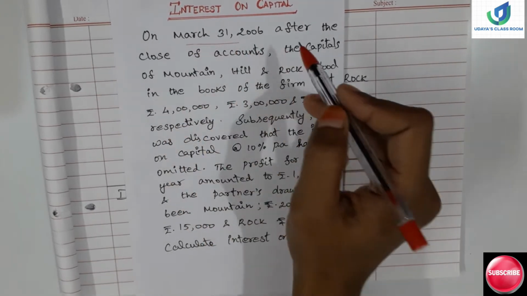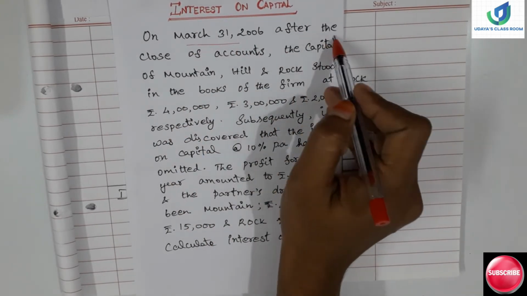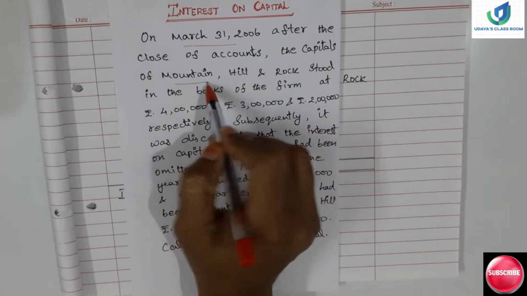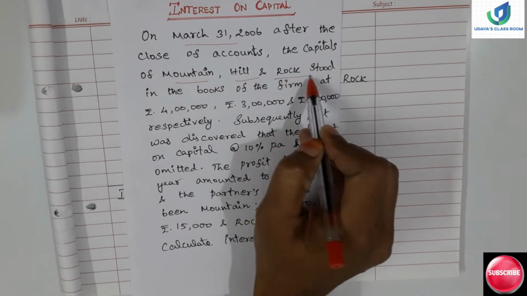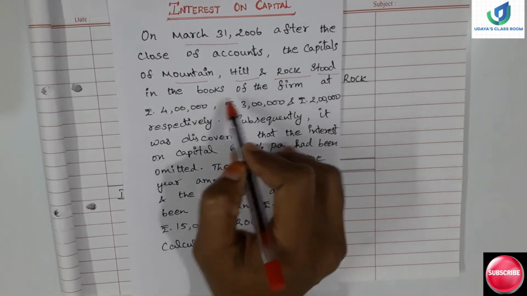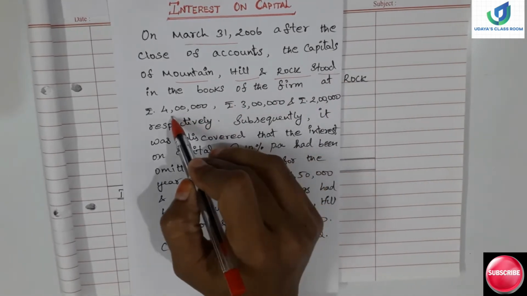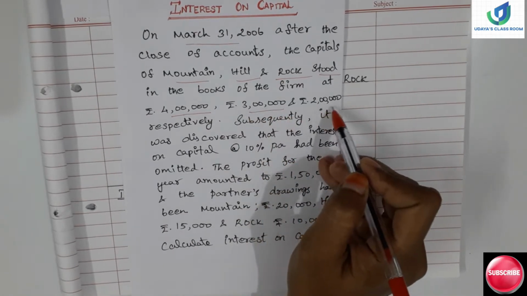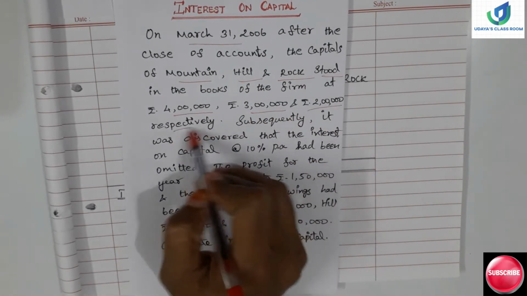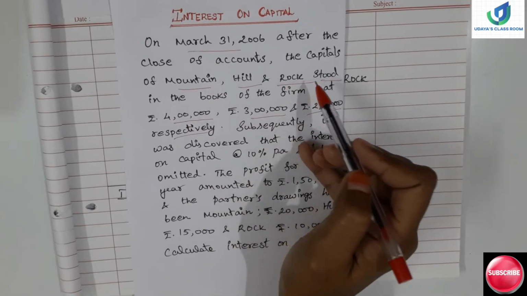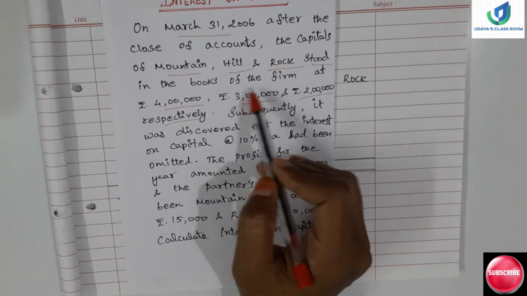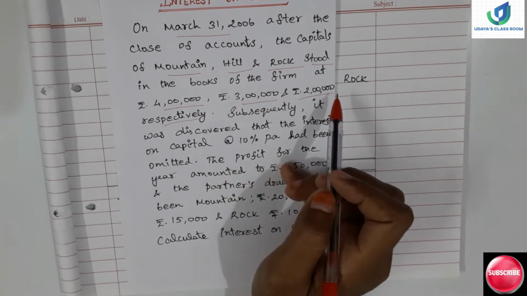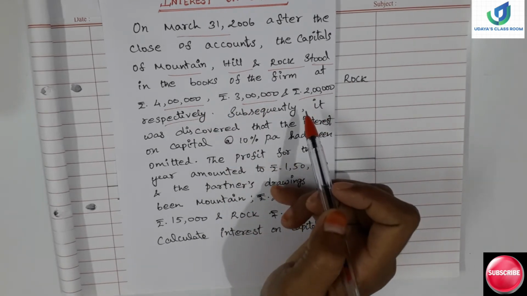On March 31st, 2006, after the close of accounts, the capitals of Mountain, Hill and Rock stood in the books of the firm at rupees 4 lakh, rupees 3 lakhs and rupees 2 lakhs respectively.